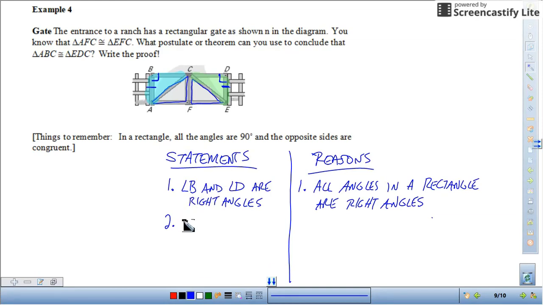It may come in handy later when we prove that they are congruent. So we're going to say that triangle ABC and triangle EDC are right triangles, and that is the definition of a right triangle.